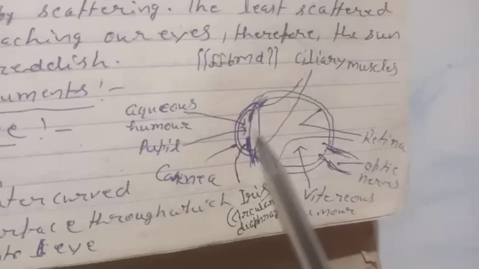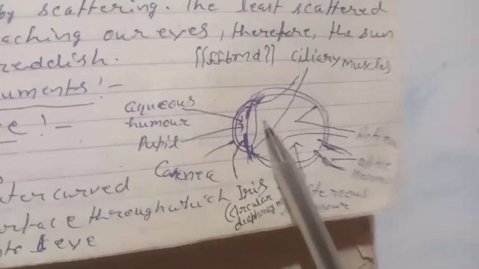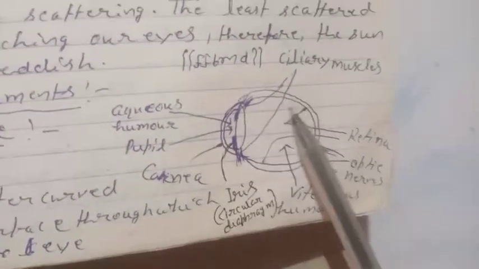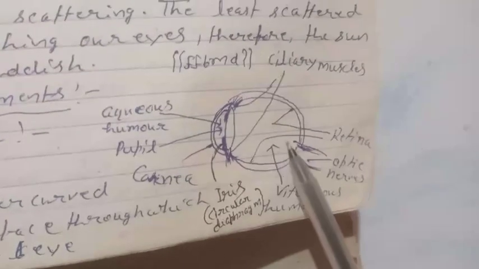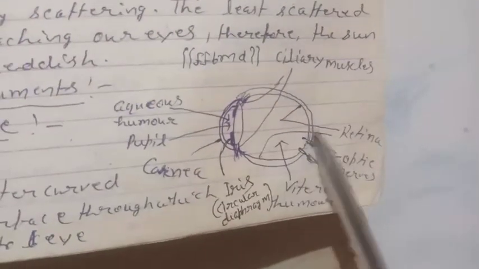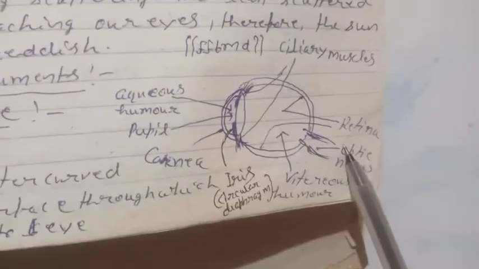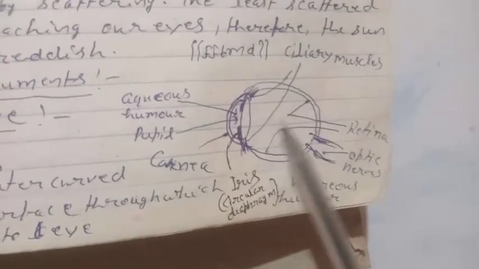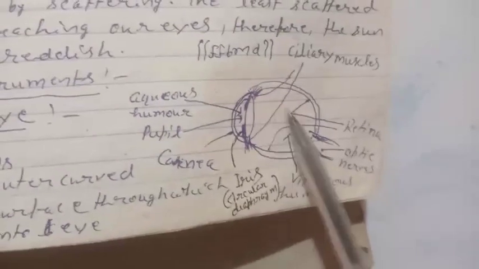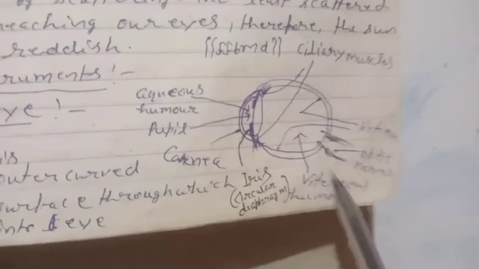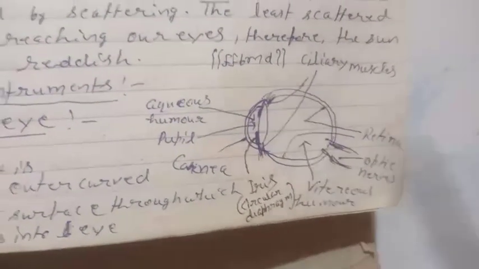This part is called pupil, and this is the lens, and this is the retina where the image is formed, and this contains the optic nerves, and this whole part is filled with vitreous humor, liquid.